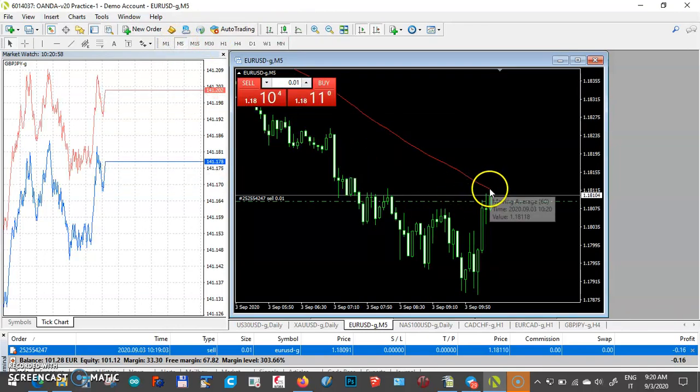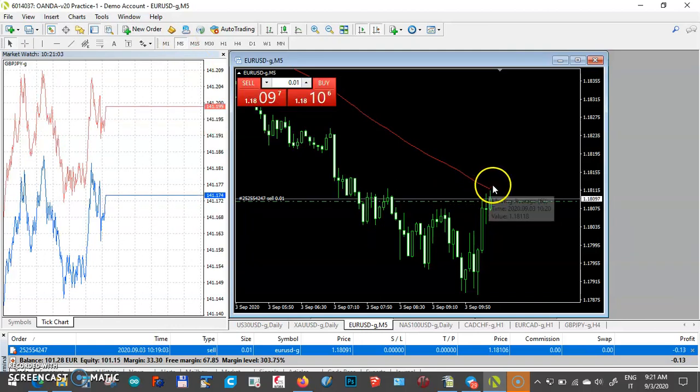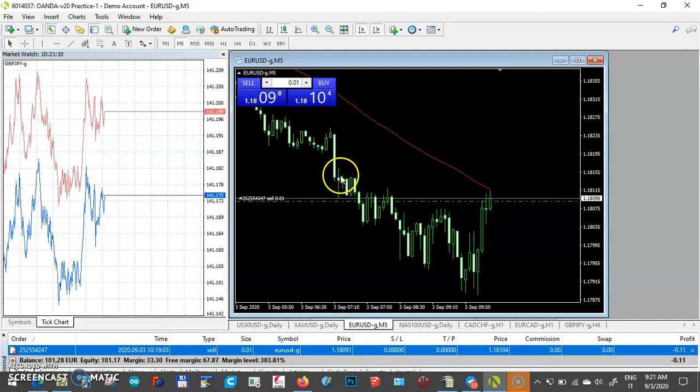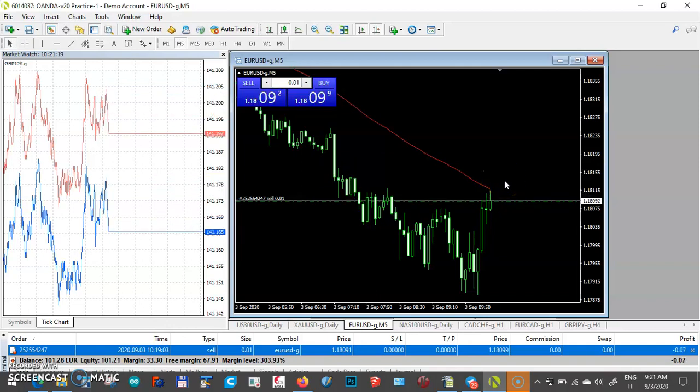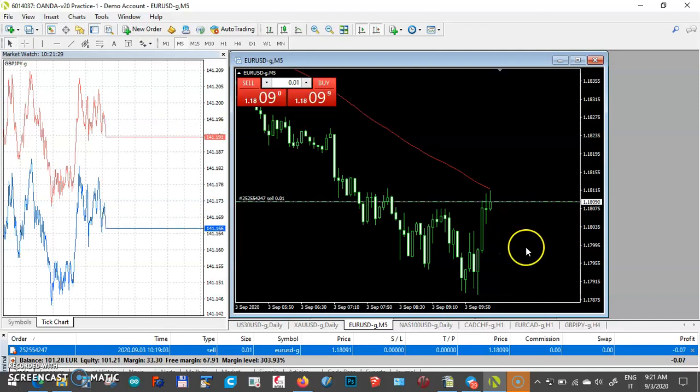The M5 is touching this level, dynamic level of resistance. We can see what's going on, and I place my ideal mental stop loss here, because it could be that this trade goes here to retest some support, or the trend comes down.